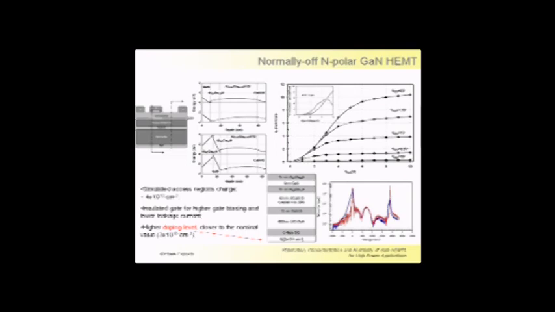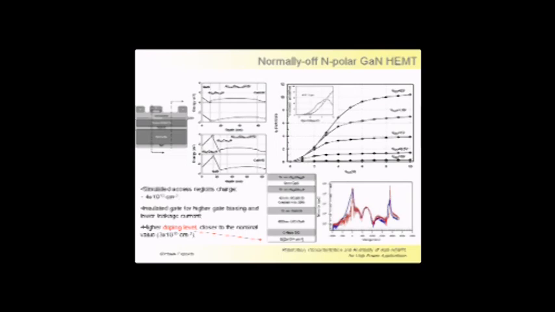If you have your GaN crystal, a Wurtzite structure, with gallium atoms on top or nitrogen atoms on top, you can get the gallium polarity or nitrogen polarity. Exploiting the nitrogen polarity of such material, we designed this structure.